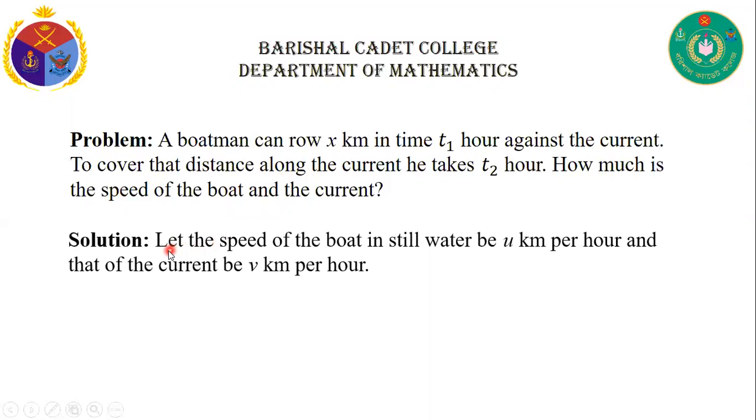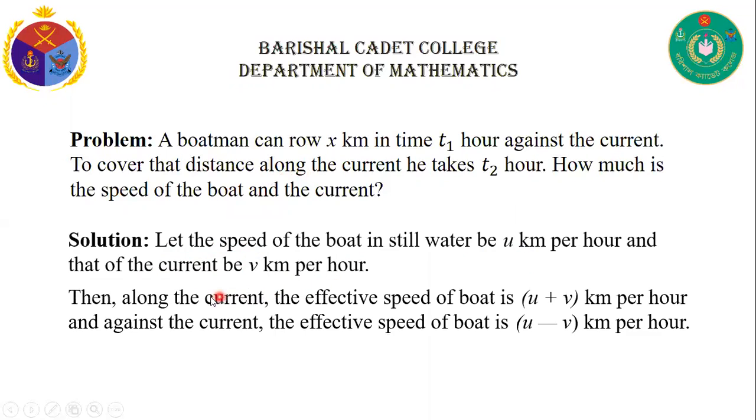So here, first let the speed of the boat in still water be u kilometers per hour and that of the current be v kilometers per hour. Then along the current, the effective speed of the boat is u plus v kilometers per hour, and against the current it is u minus v kilometers per hour.